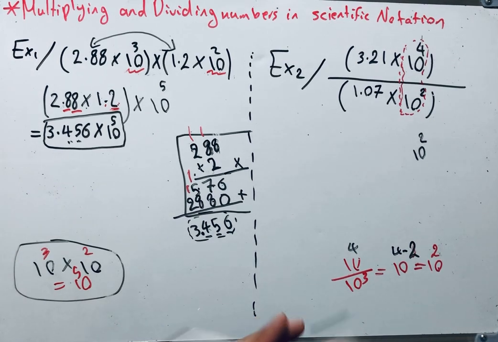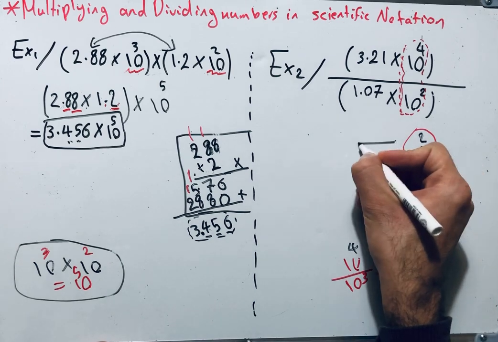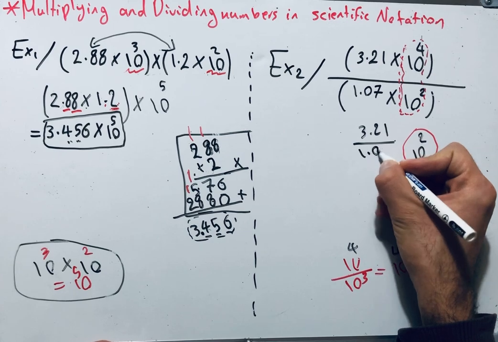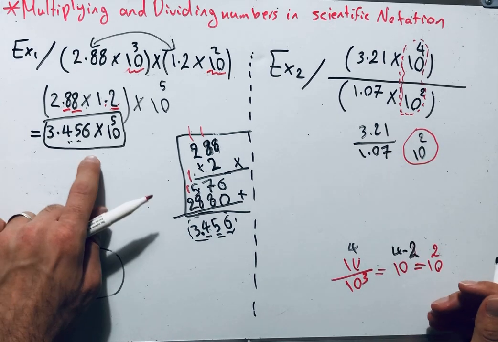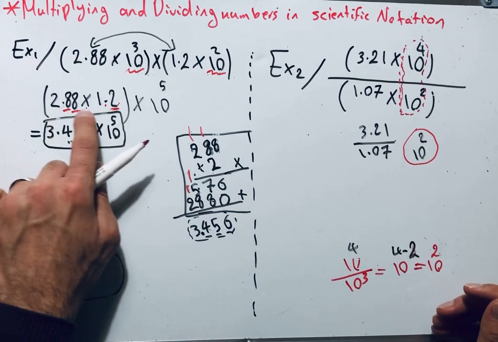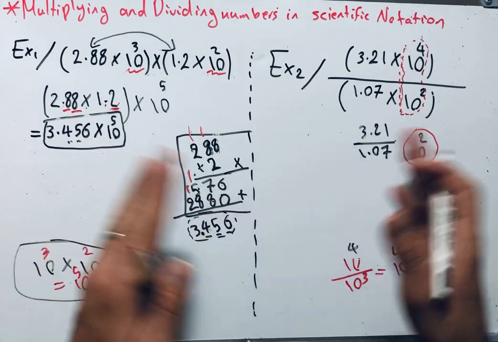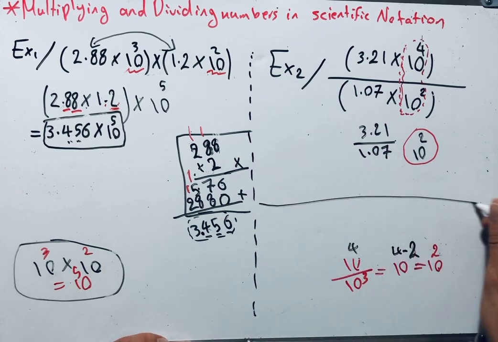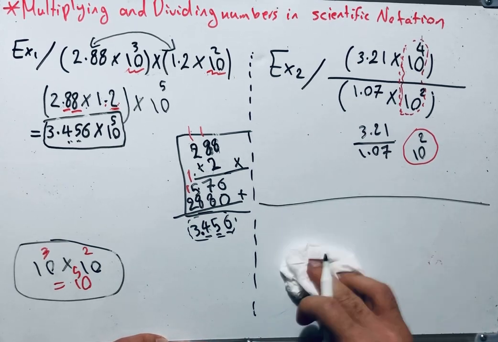So you have 10 to the power of 2, like this. Okay, and then you can just write this again the same way. So 3.21, 1.07. So the same way we did for this, you just do the division this time and then write the result, okay? So actually, I will leave some space for that and erase this.